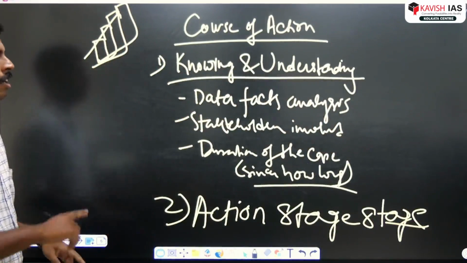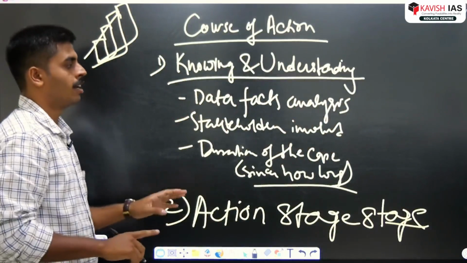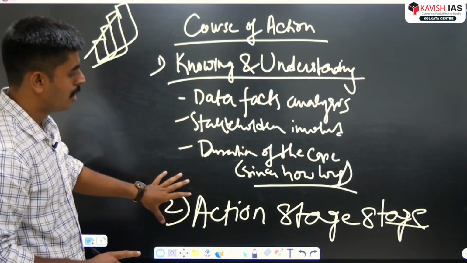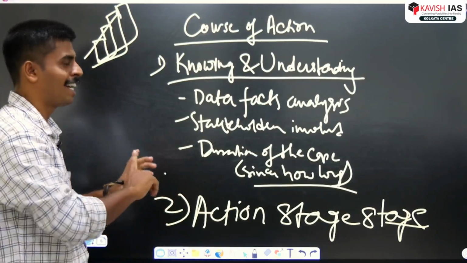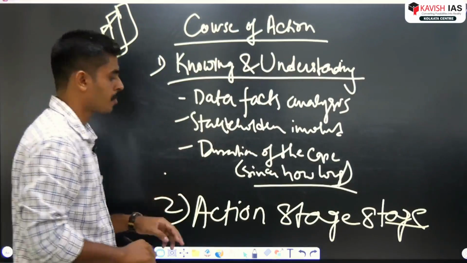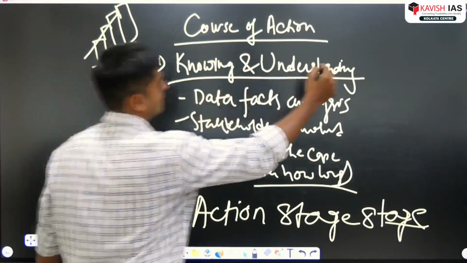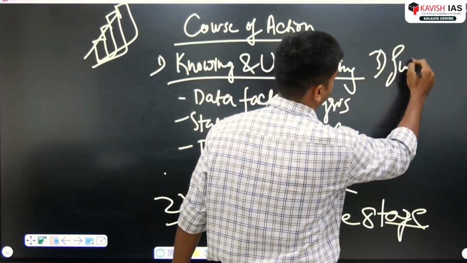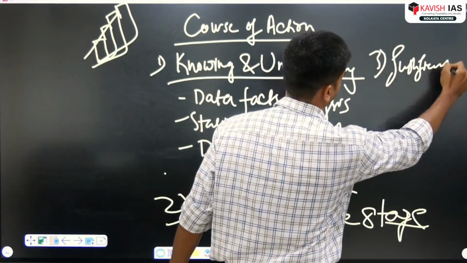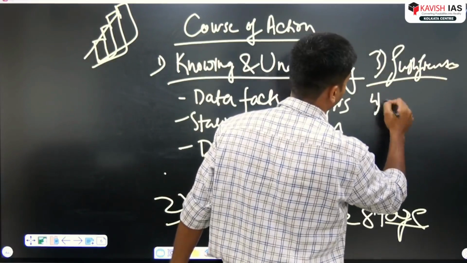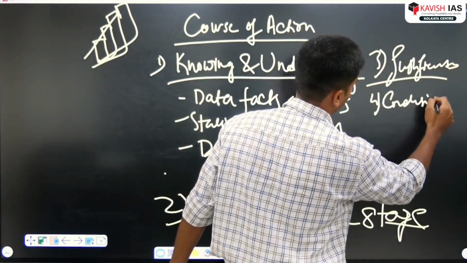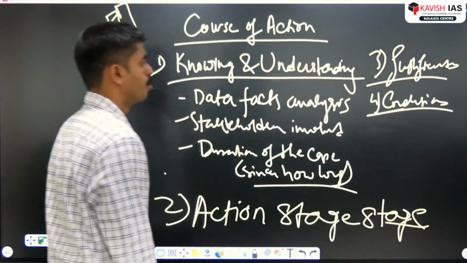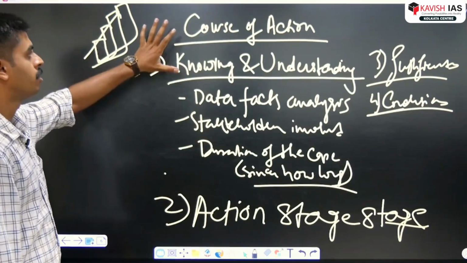Follow this pattern. There must be coherence. It should not be random, and it should have gradual progression, right? Then comes the third part, justification, and then comes a conclusion. So this is how you will approach the course of action.